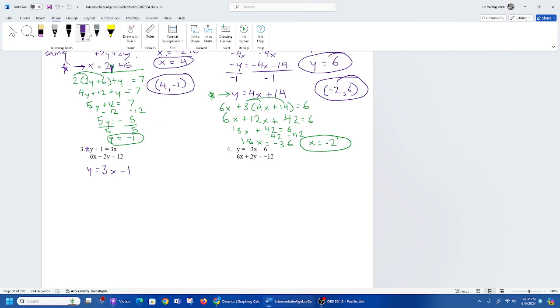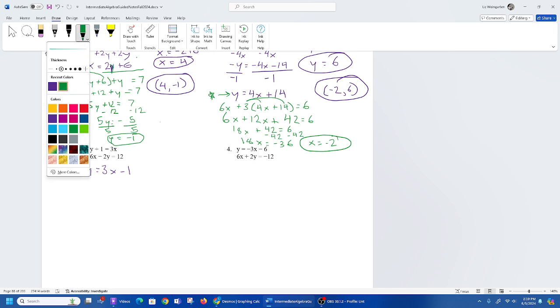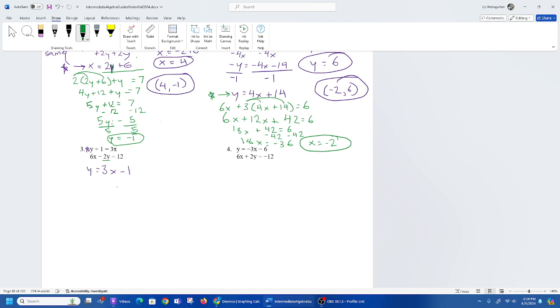Now I'm going to plug that 3x minus 1 in for y in this equation. 6x minus 2 times 3x minus 1 equals 12. 6x minus 6x, distributing the 2 here, plus 3 equals 12. Combine like terms and I get 3 equals 12.